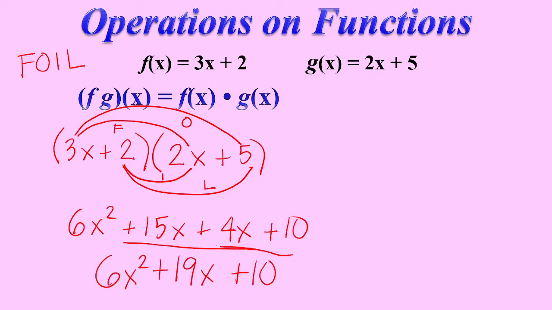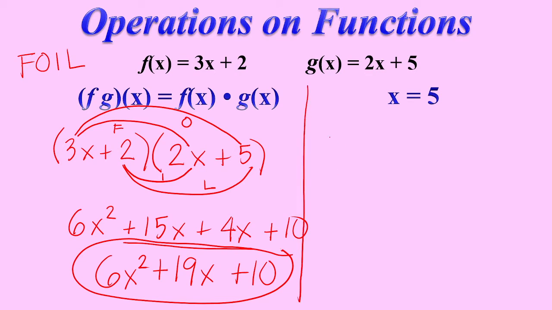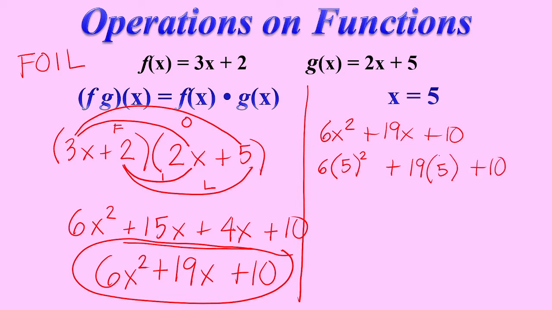That is our answer for multiplication. Then we substitute the value of x, which is 5. 6 times 5 squared plus 19 times 5 plus 10. Exponent first.